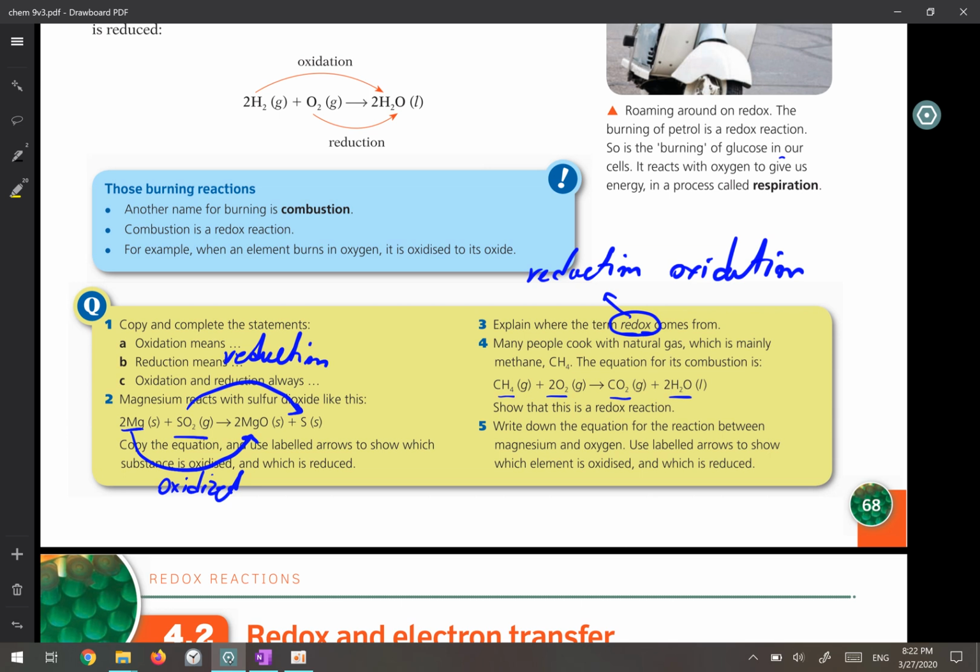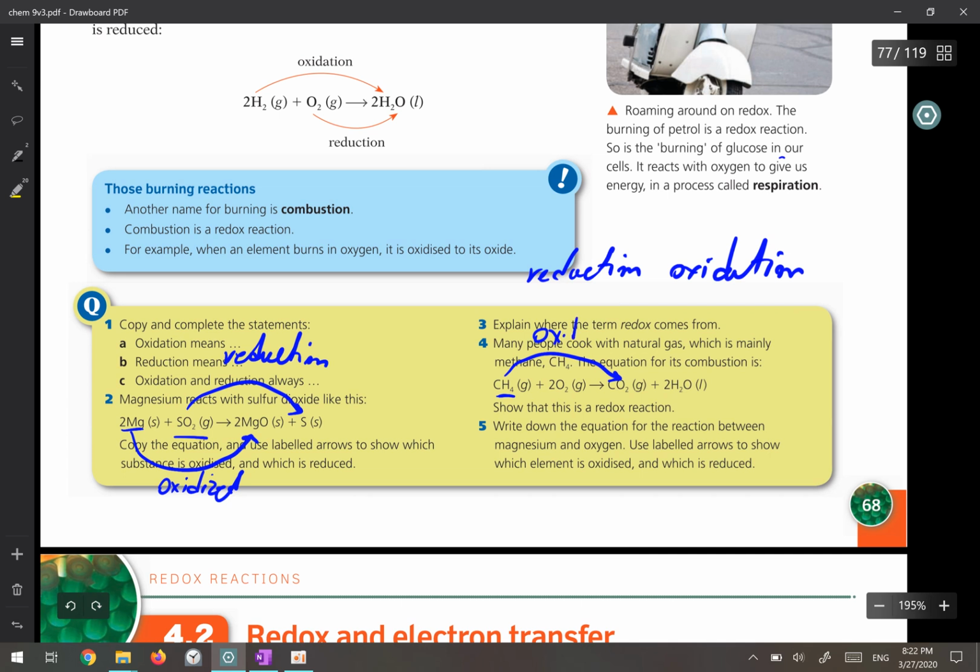This shows that this is a redox reaction. So how can you show this is the redox reaction? Look at this one, CH4. What happens to the carbon? Carbon has gained the oxygen and lost the hydrogen. So it means the carbon has oxidized.